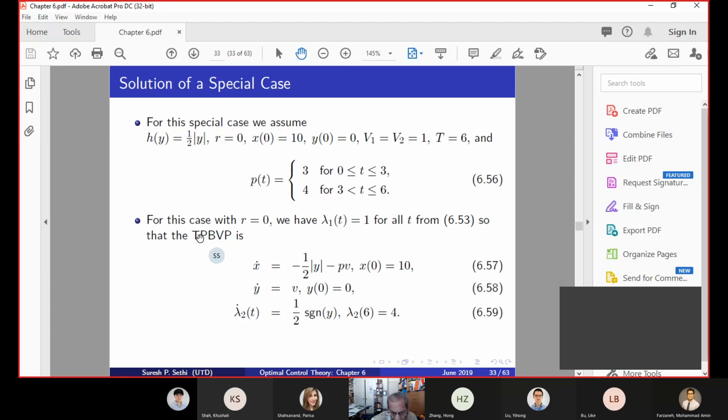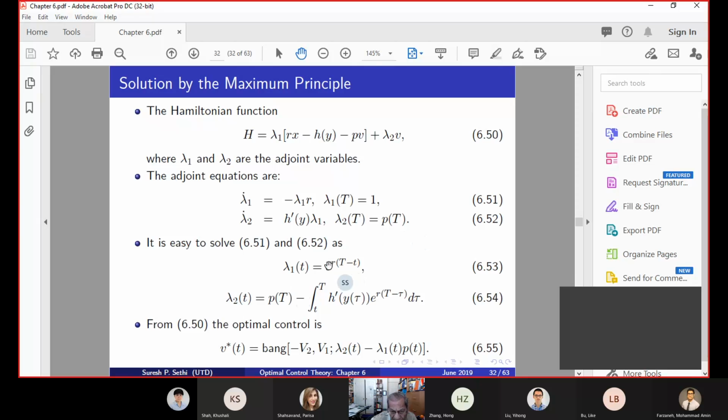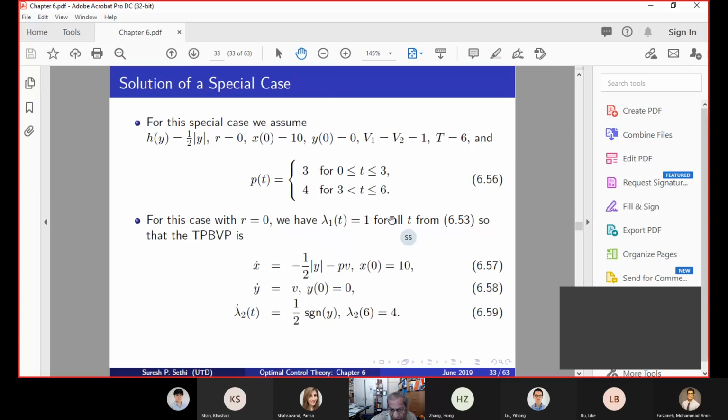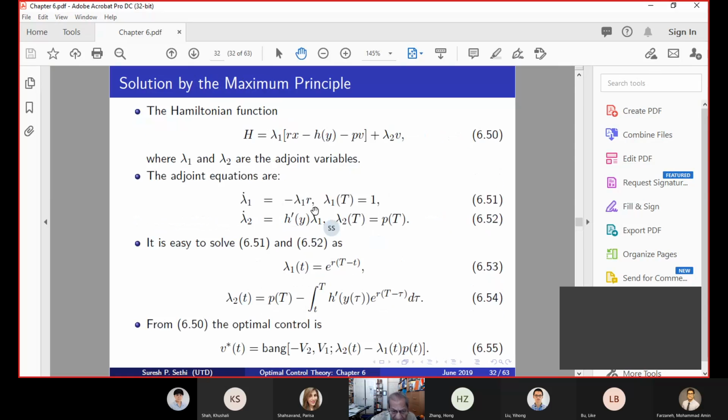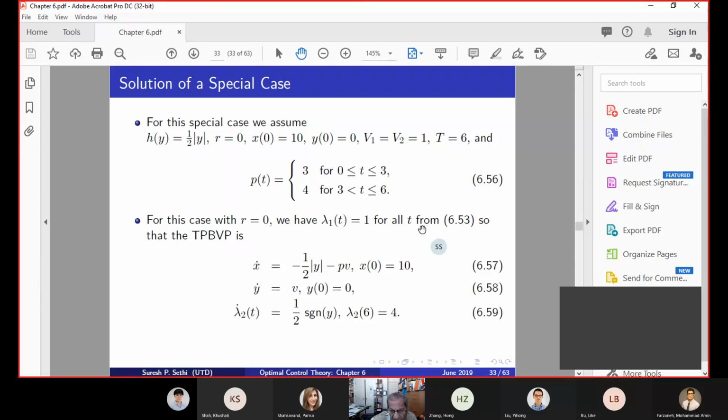For r equals 0, lambda 1 T equals 1 for all t, because r equals 0 right here. So lambda 1 is 1 for all t. And from 6.53, which is this equation, no, 6.54. Yeah, lambda 1 is from 6.3.